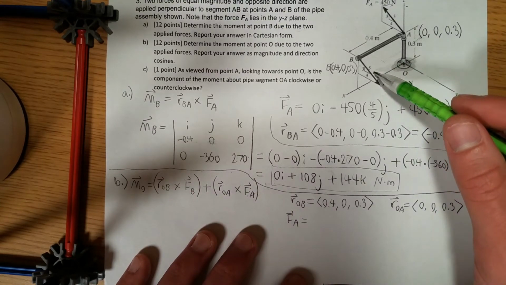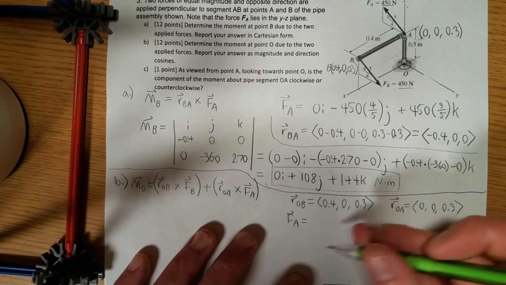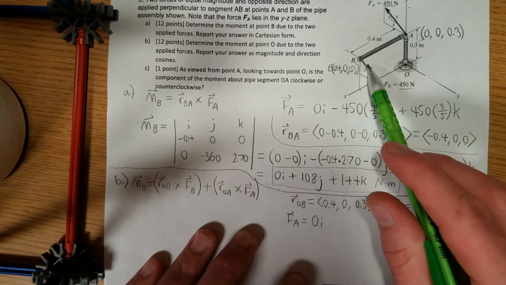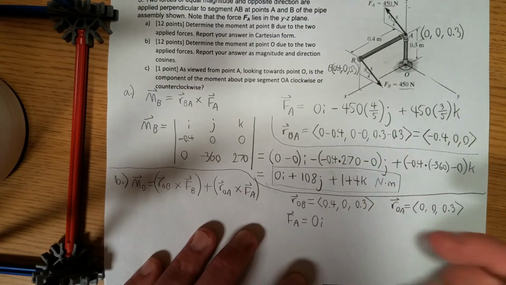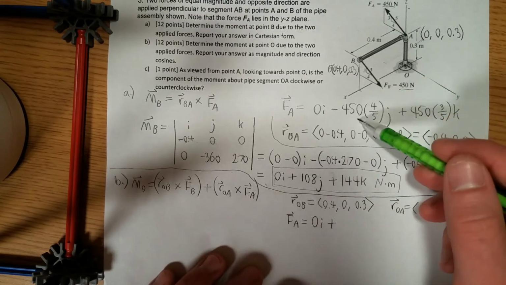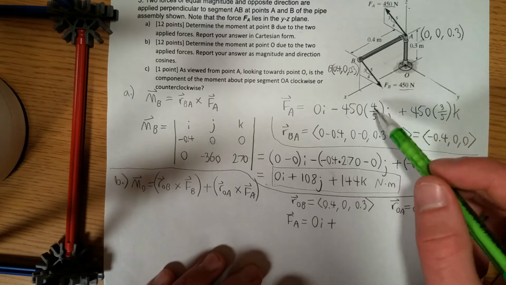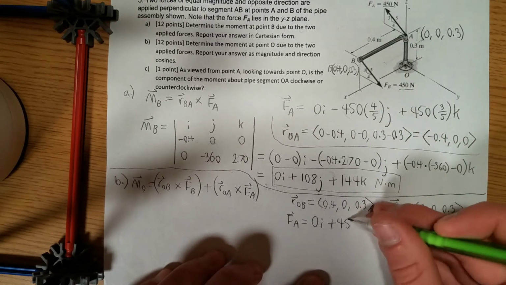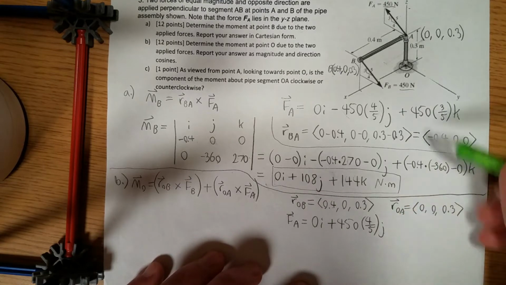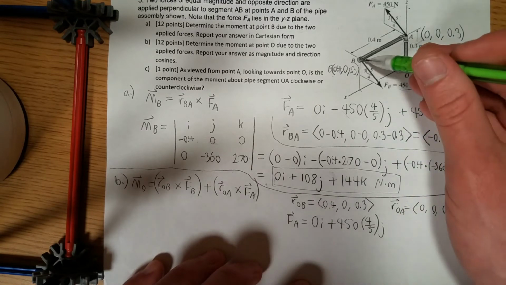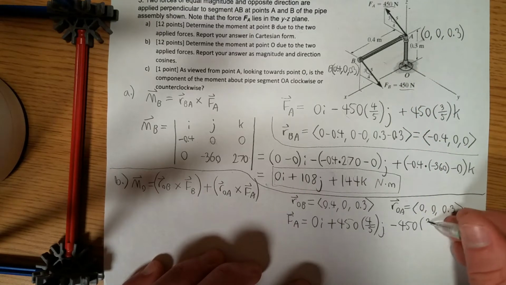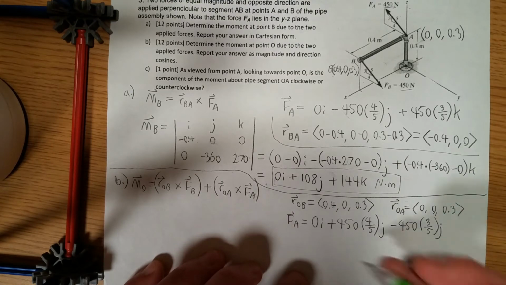let's see, our x component of this is going to be 0, so 0i. And now for the j component in the y direction, we can see it's going in the positive y. So it's going to be positive, and it's going to end up being this same magnitude here, 450 times 4/5 j, and then this is going down in the z, so it's going to be minus 450 times 3/5 k.